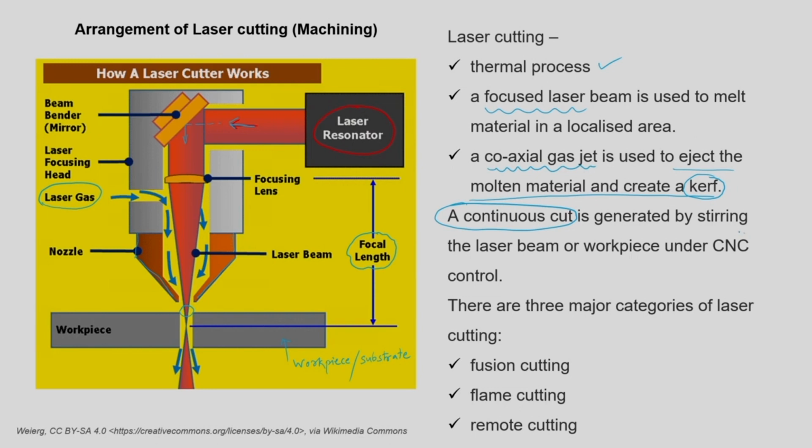For this purpose we need computer numerical controlled machine tools, which are now commonly used in industry. There are three basic categories of laser cutting: a fusion cutting mode, a flame cutting mode and a remote cutting mode, which we will see in our coming slides.